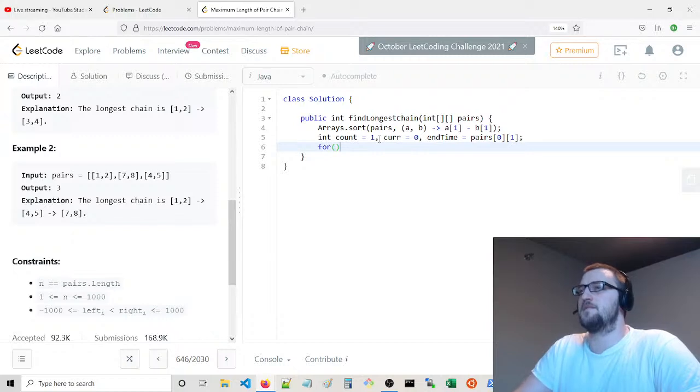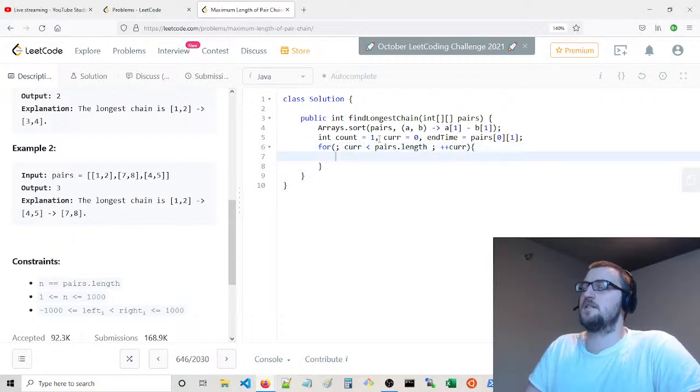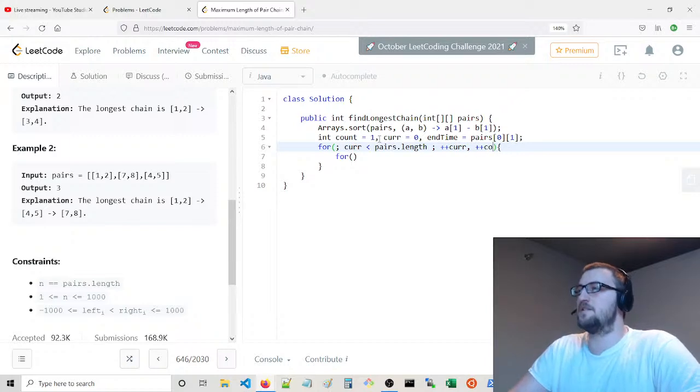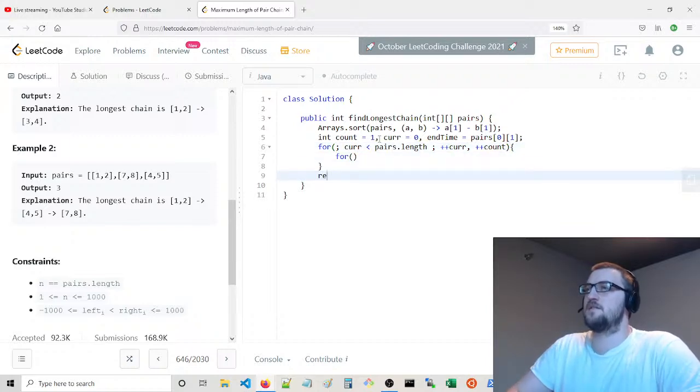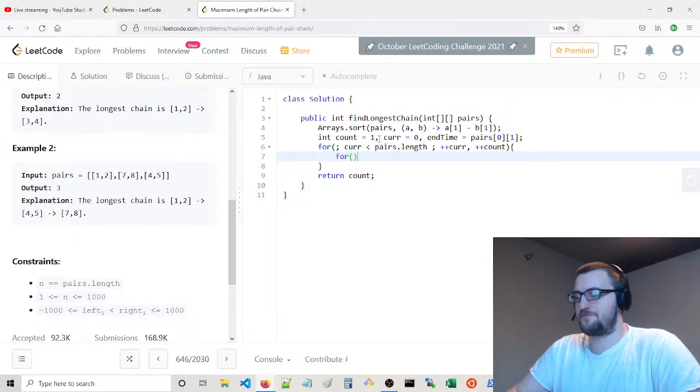And we can say it's really a for loop where we increment current, and current is less than pairs.length, and you would say not just current, but also the count. Yeah, that's fine.